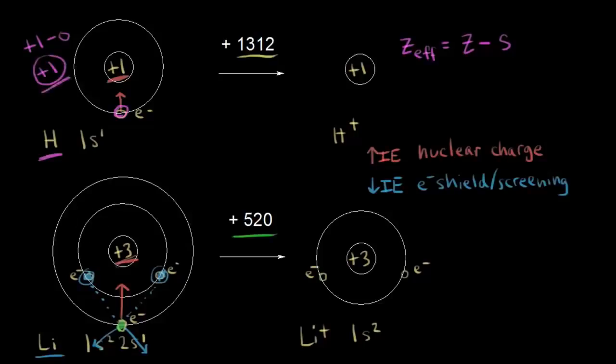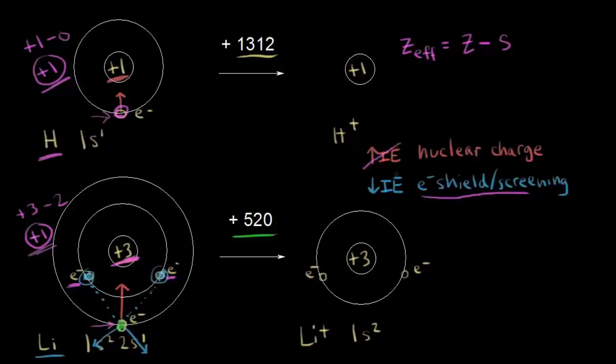For lithium, there are 3 protons in the nucleus, so Z would be +3. And there are 2 shielding electrons, these 2 inner shell electrons here, so it would be +3 minus 2. So the effective nuclear charge would be +1. If you think about it, the effective nuclear charge that hydrogen's electron feels is about the same as lithium's outer electron, because they both have an effective nuclear charge of +1. The fact that lithium has this electron shielding kind of cancels out the effect of the nuclear charge.